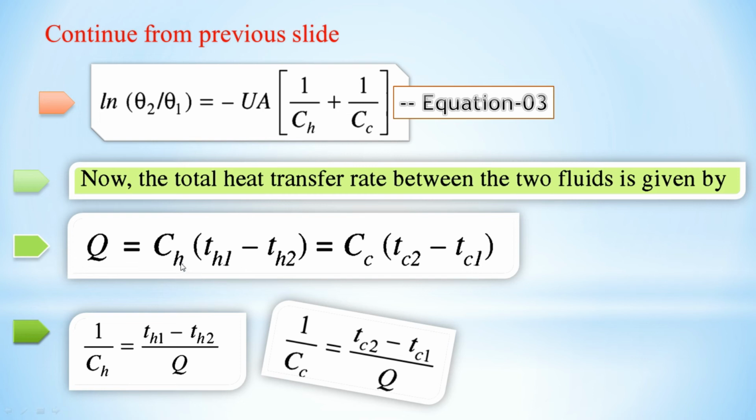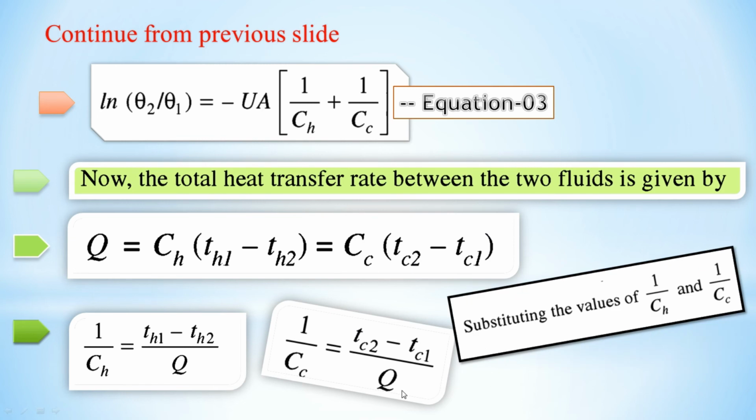Through cross multiplication with Q, 1 upon CH equal to TH1 minus TH2, with Q in denominator. Similarly, 1 upon CC equal to TC2 minus TC1 divided by Q.